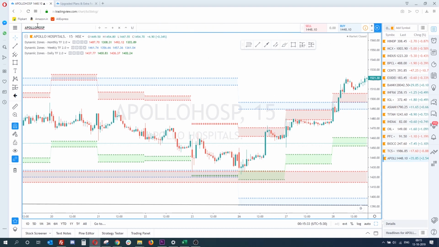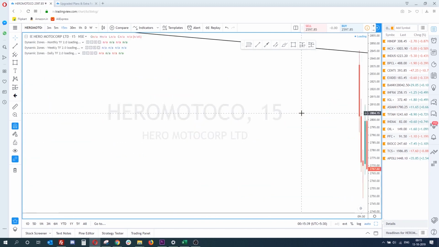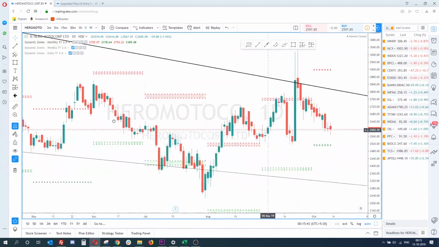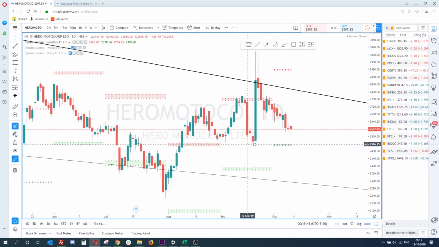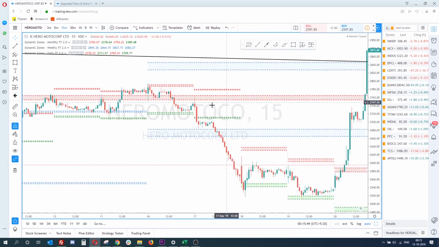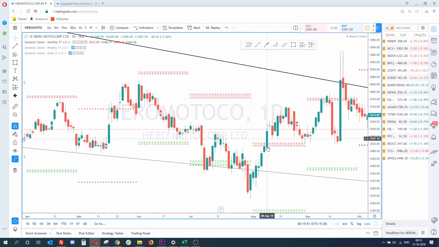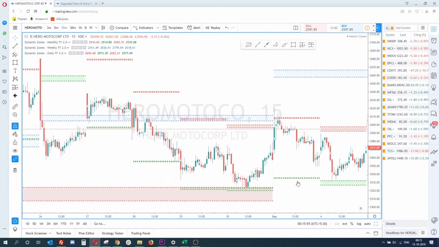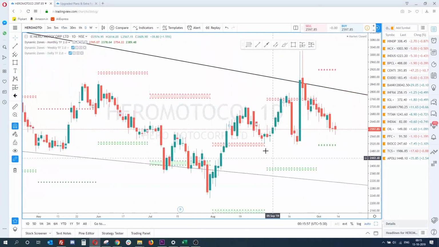I think I can give you one more example on Hero Motor, which I traded 1 or 2 months back, I guess. Not this one. Yes, this one. So what happened on 29th August?